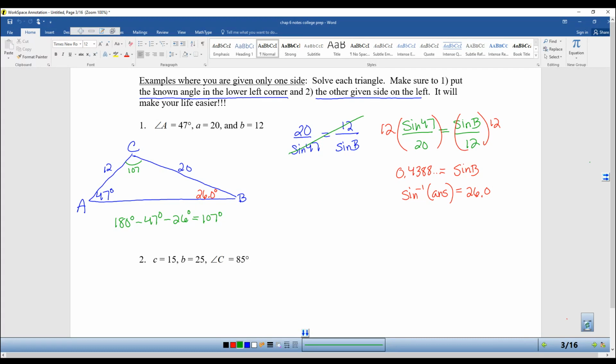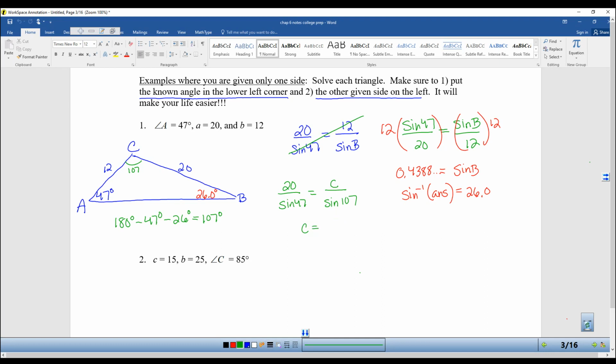Now that I have angle C, I can do, now see, I know the angle this time, so I'm going to go back to this form. So 20 over sine of 47 is equal to C over sine of 107.